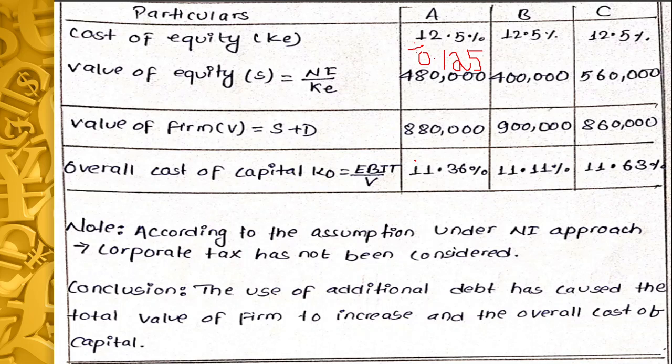So, the overall cost of capital stands at 11.36%, 11.11% and 11.63% respectively for situations A, B and C.